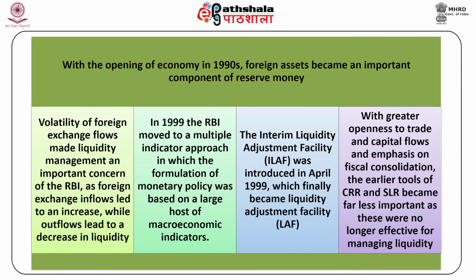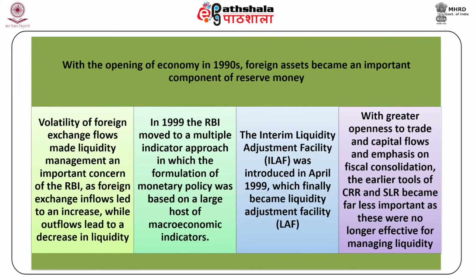With the opening of the economy in the 1990s, foreign assets became an important component of reserve money. Since international financial flows were quite volatile, monetary targeting became difficult to achieve. Volatility of foreign exchange flows made liquidity management an important concern of the RBI, as foreign exchange inflows led to an increase while outflows led to a decrease in liquidity.